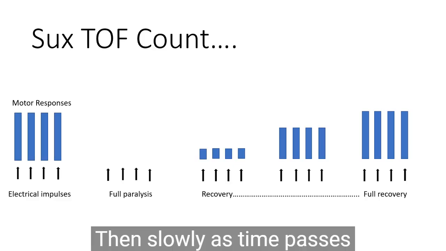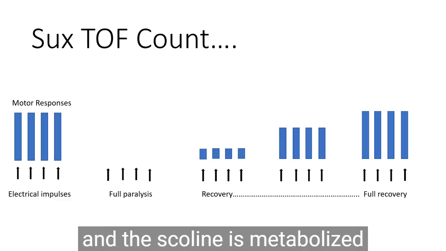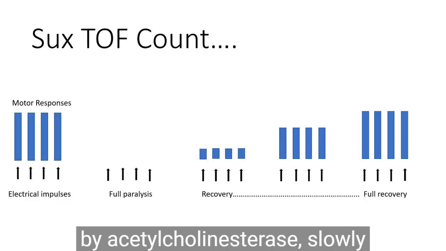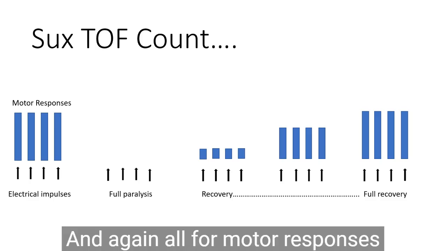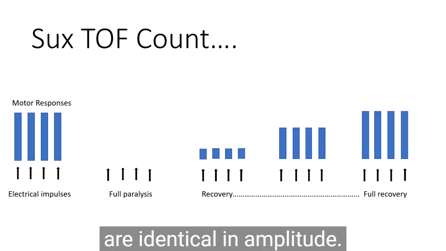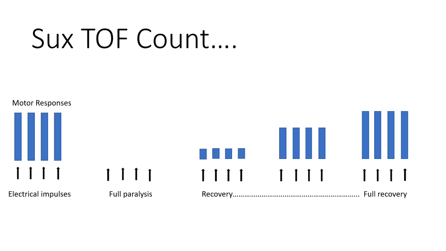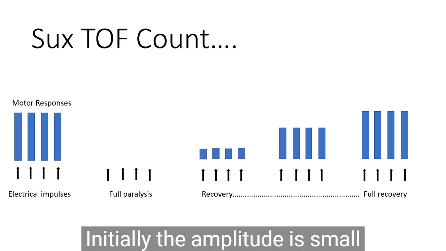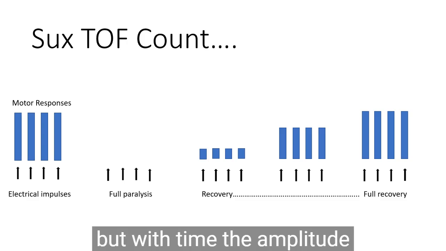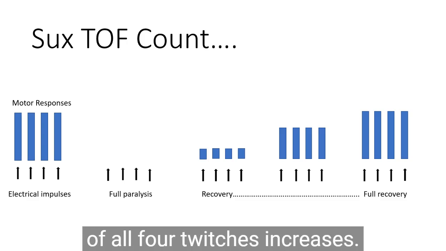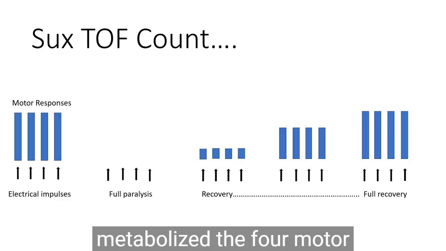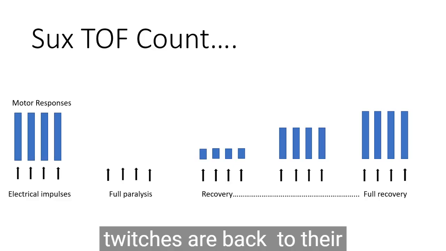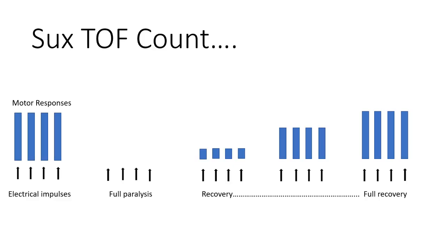Then slowly, as time passes and the scoline is metabolized by acetylcholinesterase, slowly the motor responses return. And again, all 4 motor responses are identical in amplitude. Initially, the amplitude is small, but with time, the amplitude of all 4 twitches increases, and when the scoline is fully metabolized, the 4 motor twitches are back to their pre-paralysis amplitude.